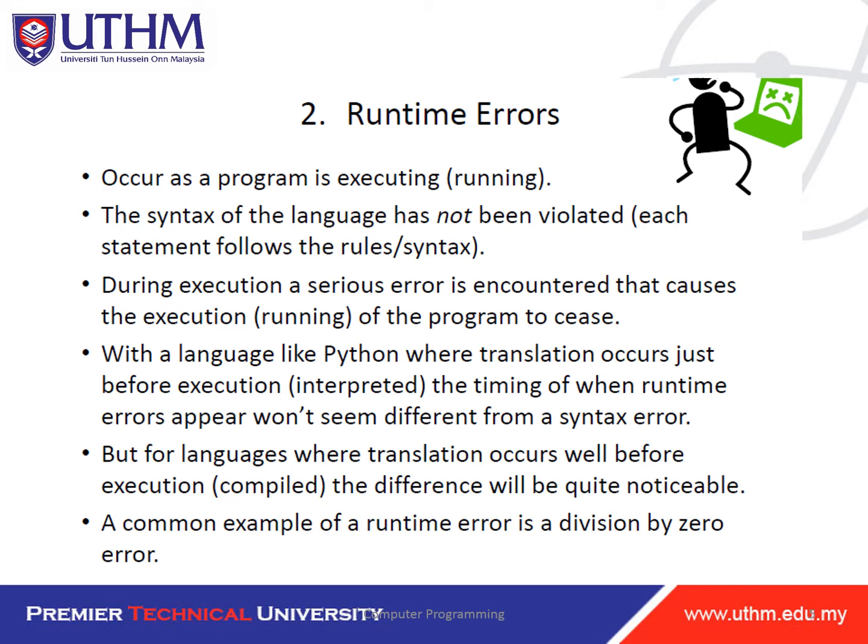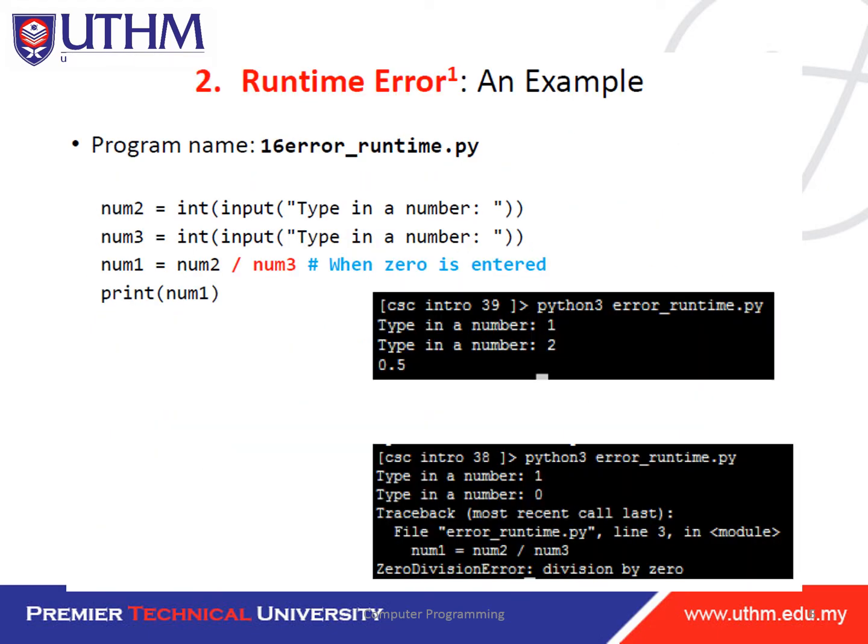A common example of a runtime error is the division by zero message. Example: number 2 equals input, you type a number. Number 3 equals input, you type a number. Number 1 is number 2 divided by number 3, you declare this. But then when you enter 0 for number 3 and try to print number 1, it's an error. For example, type in the number 1 and the number 2: 1 divided by 2, you get 0.5.